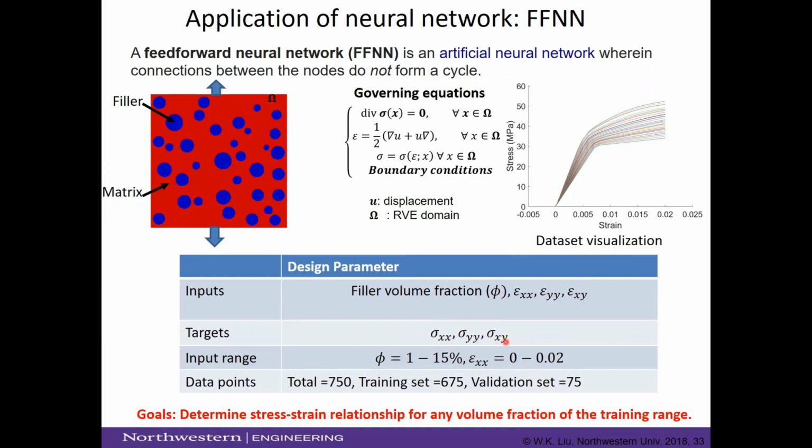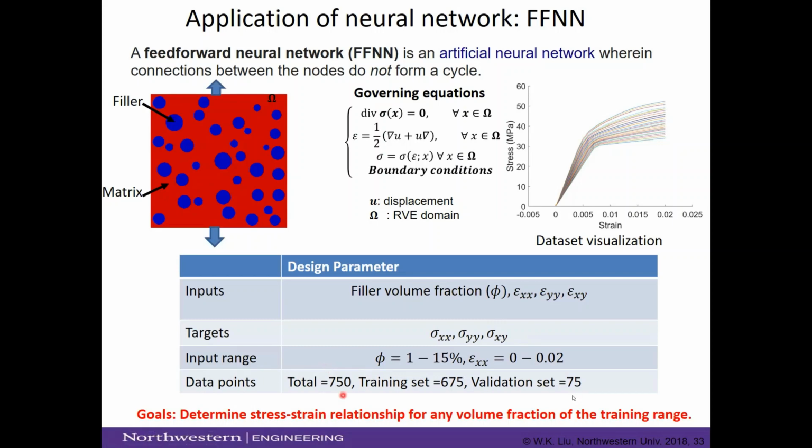The total data points: we took 50 data points between 0 and 0.02, so this graph consists of 50 different data points. That's how we get a total of 750 data points in your Excel sheet. From there, we randomly choose 675 for training and 75 for validation.